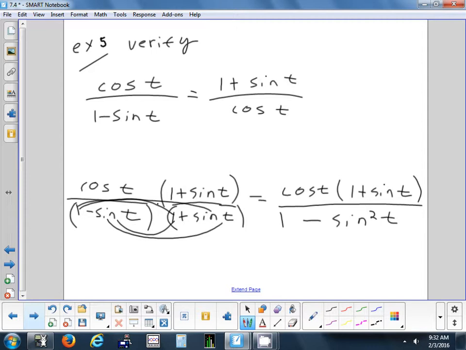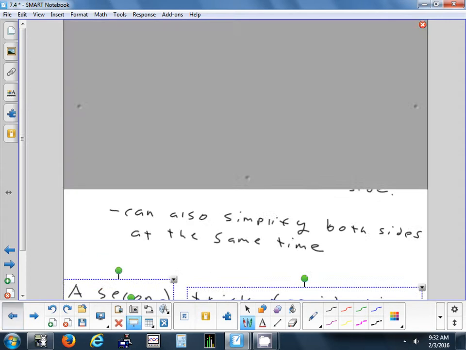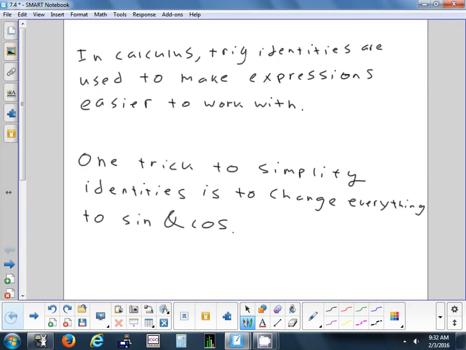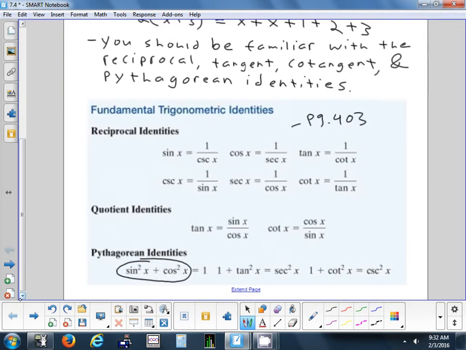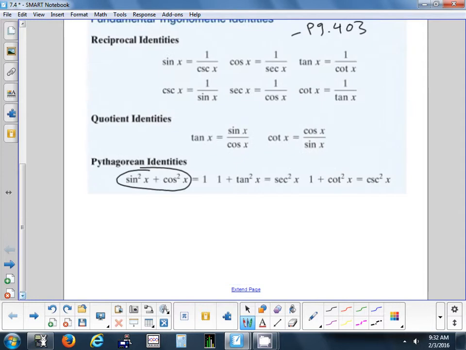Now, again, I want you to look carefully at this bottom. 1 minus sine squared. Let's go back and look at our list. It's almost this identity. The only thing they've done is taken this identity and just moved something to the other side.